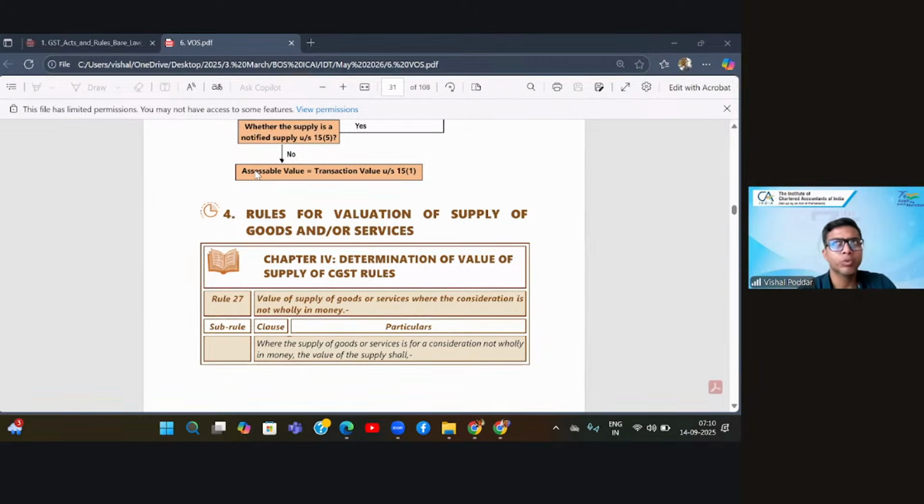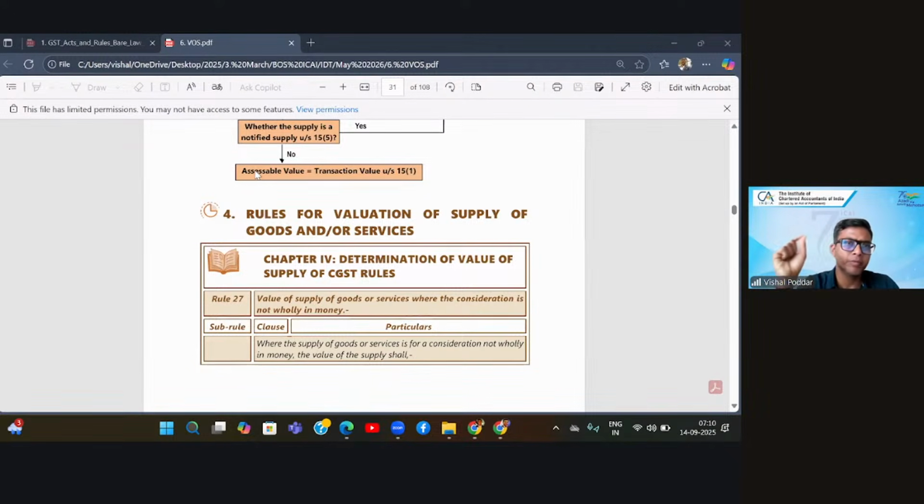If it has no direct linkage with the supply, it will not be considered as a consideration. Hence, only price-linked subsidies which have a direct linkage with price and which can be said to be in respect of, for the inducement of supply, only that shall be considered.